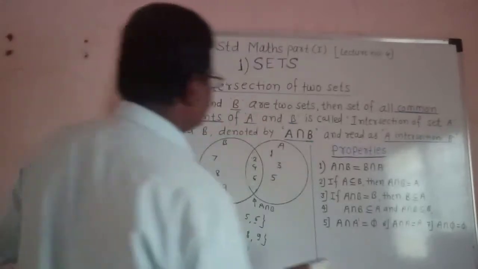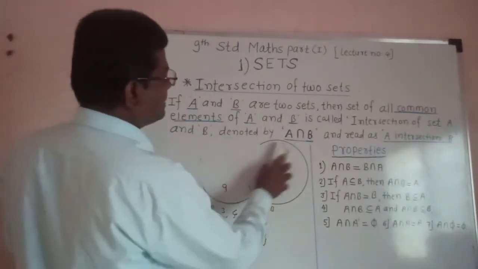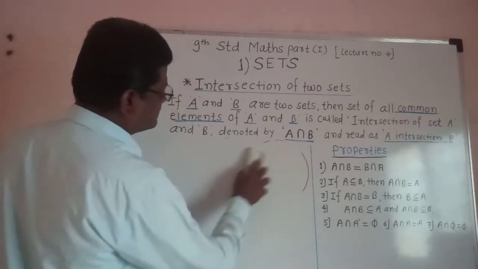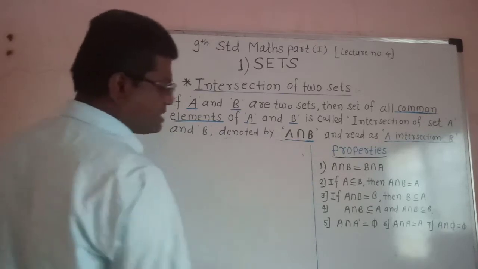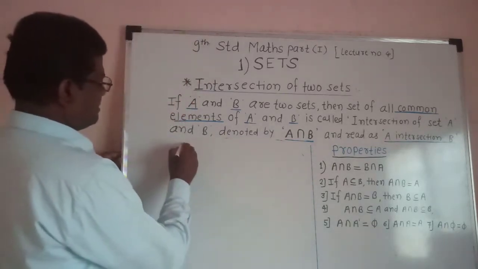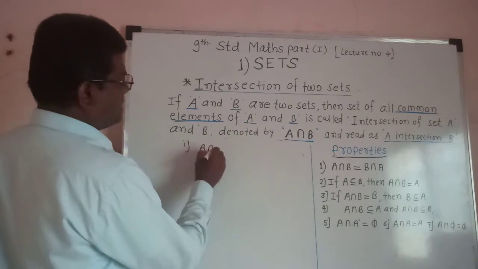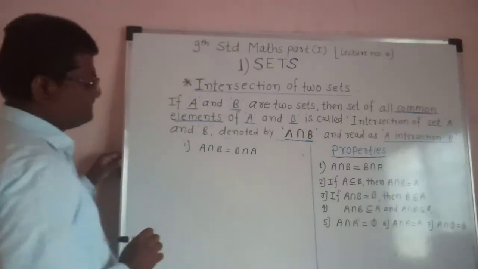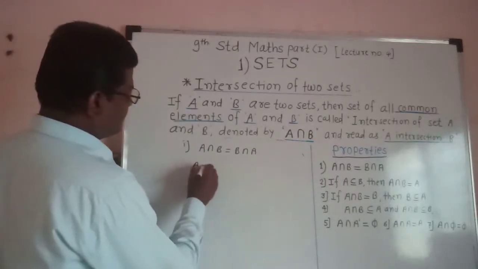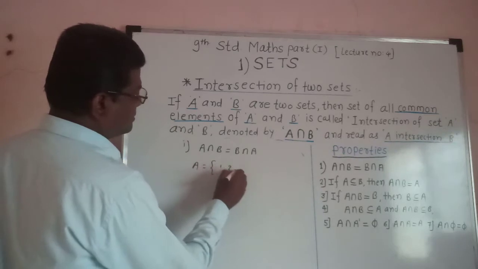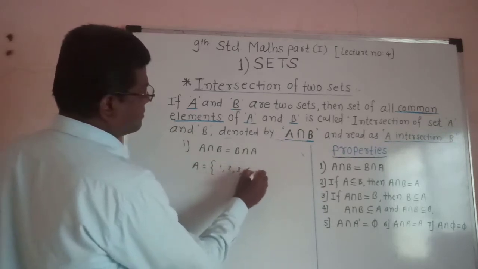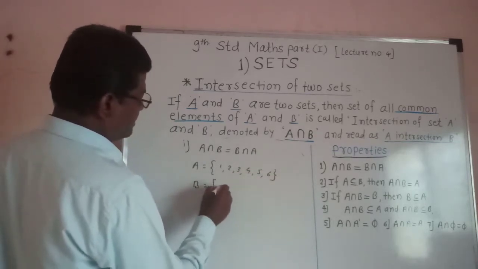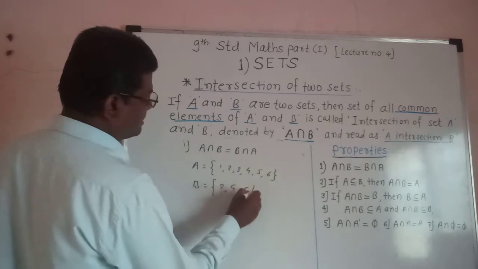Now let us study properties of the intersection of two sets. First property is A intersection B is equal to B intersection A. Suppose A is a set of elements 1, 2, 3, 4, 5, 6, and B is a set of elements 2, 4, 6.